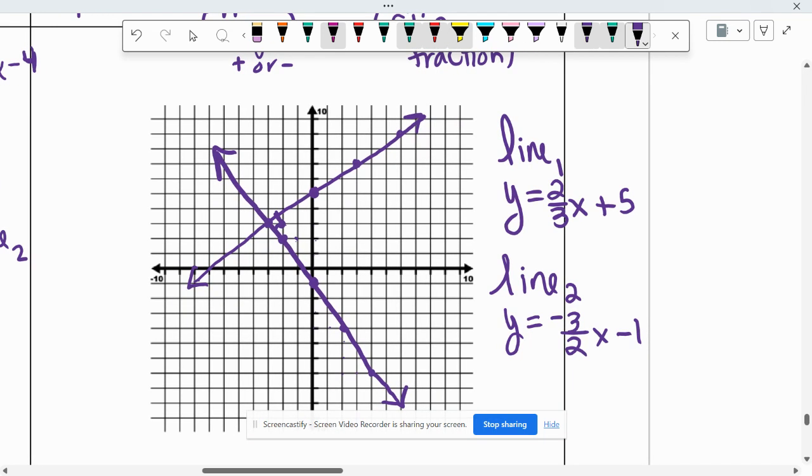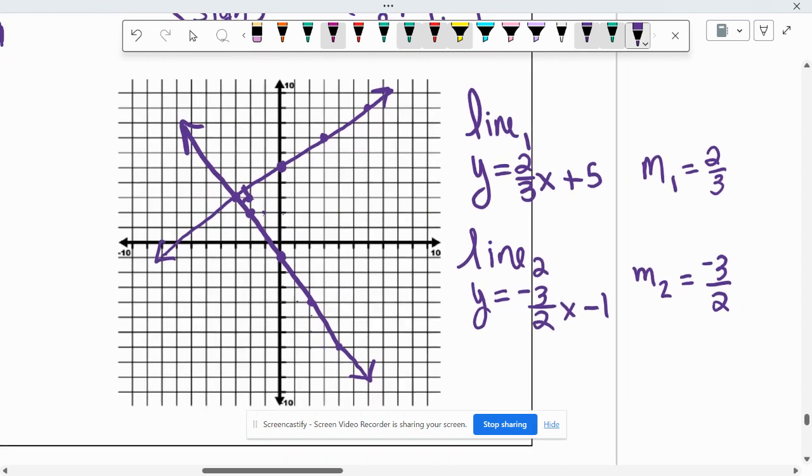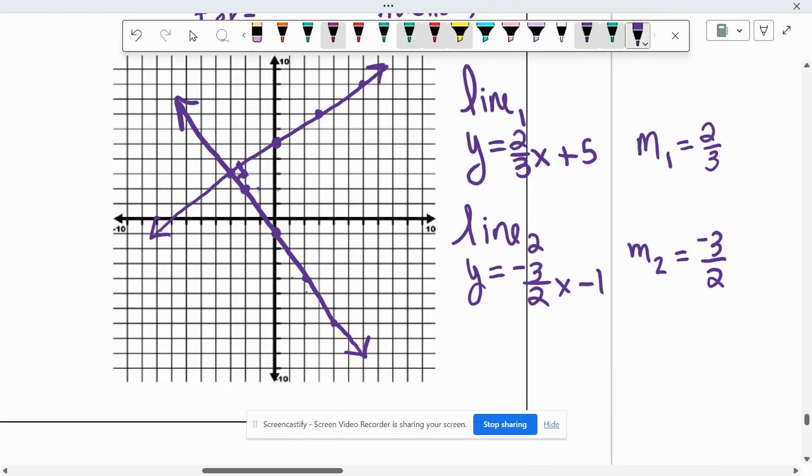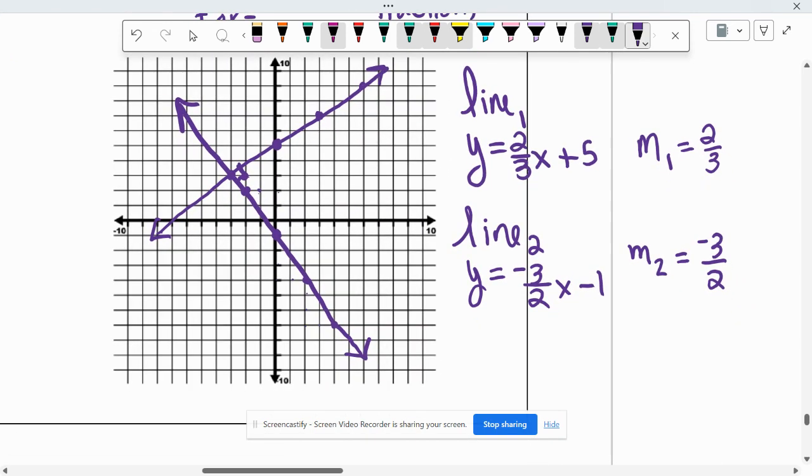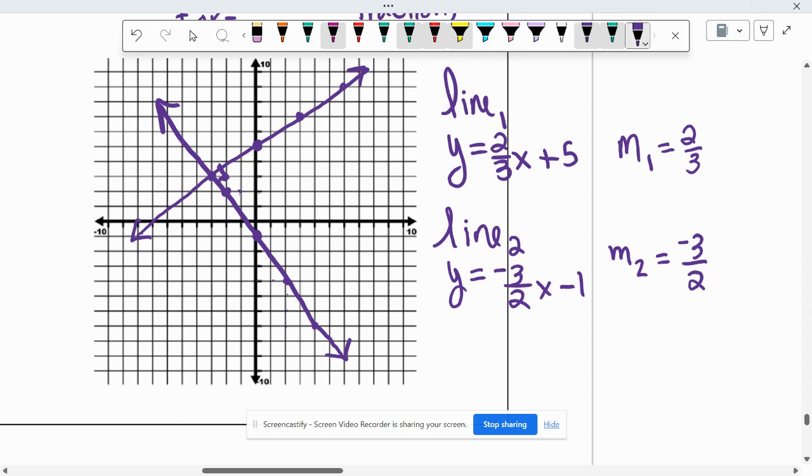When I look at their slopes, the slope of line 1 is 2 over 3. It's positive. And the slope of line 2 is negative 3 over 2. There's something very interesting about those two numbers. It's a way to check to see if two lines are perpendicular to each other without graphing them.